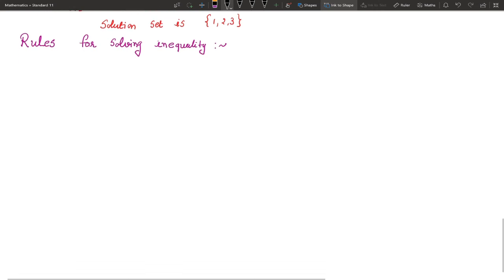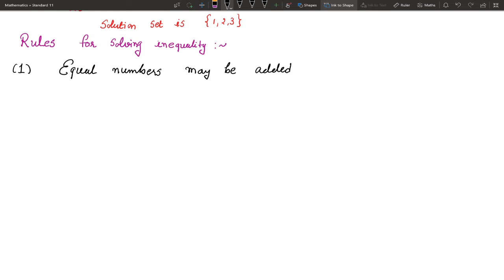First rule is, you have to remember these two basic rules: equal numbers may be added or subtracted from both sides of inequality.